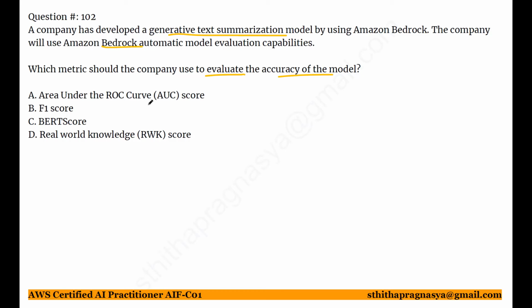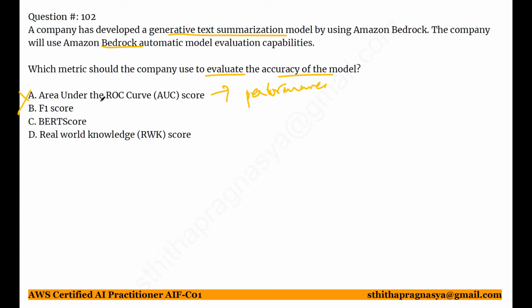AUC score, or area under the ROC curve, is used to evaluate the performance of classification models by measuring the ability to distinguish between positive and negative classes. It is not suitable for generative tasks like text summarization, which involve evaluating text quality and relevance. So this is incorrect, as AUC is irrelevant for text summarization.